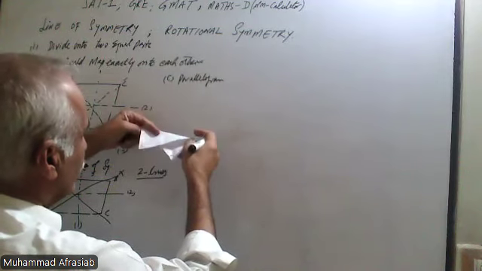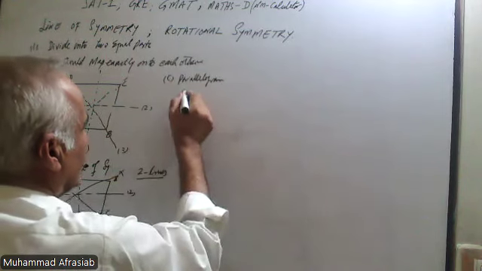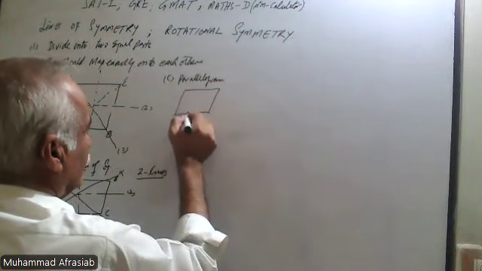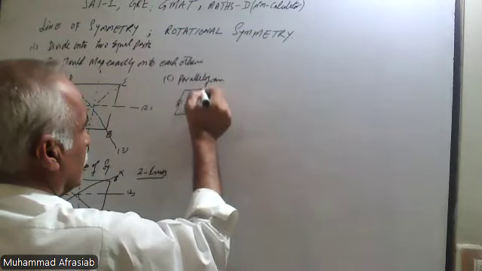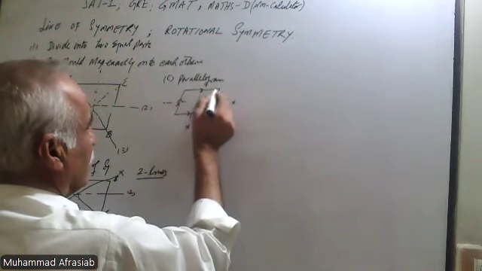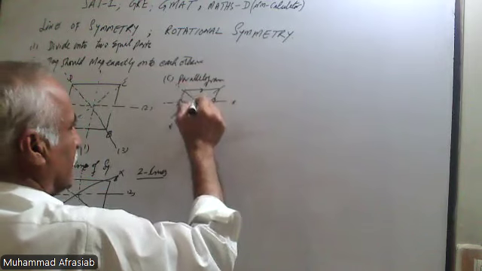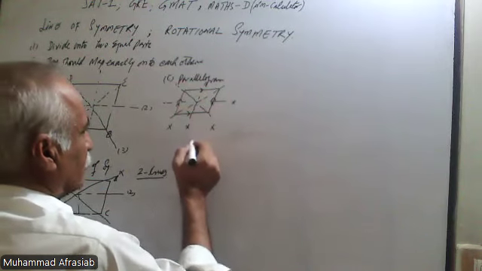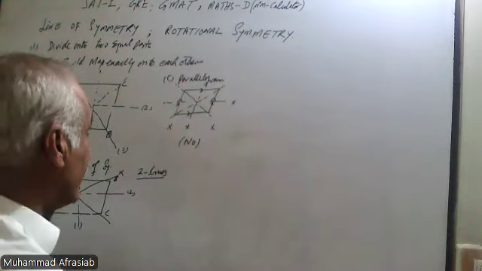And if you fold it about this line, that is also not mapping. So you see that there is no line of symmetry for this shape. They cannot map onto each other.